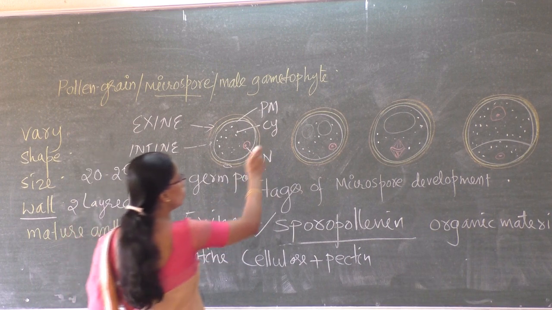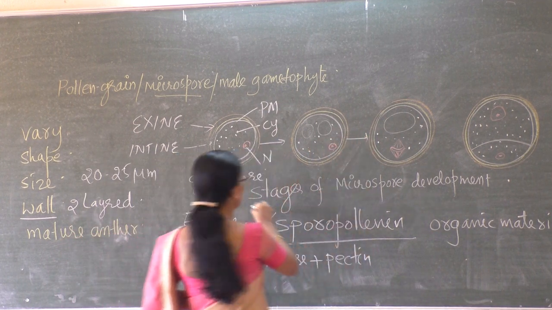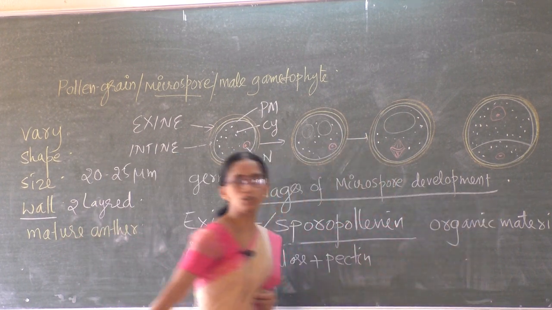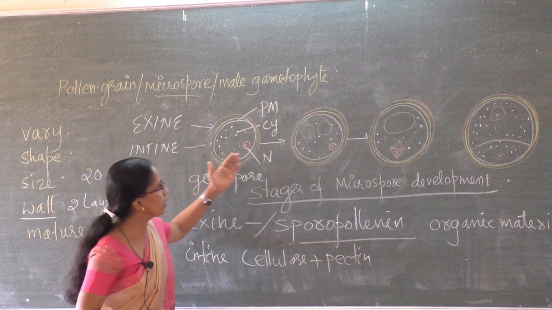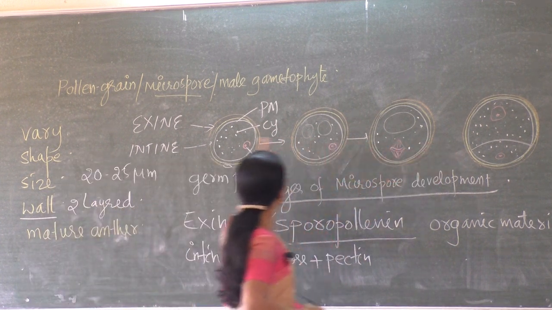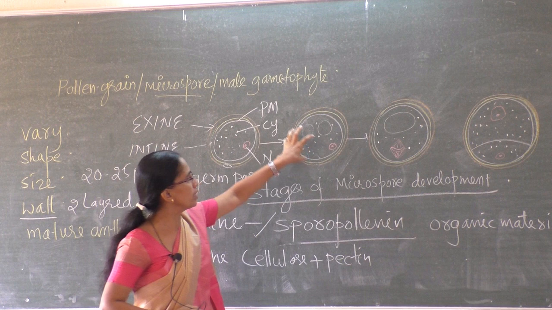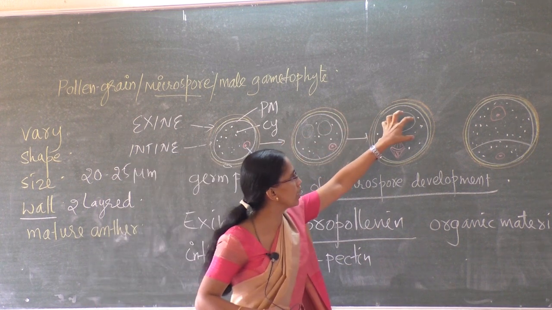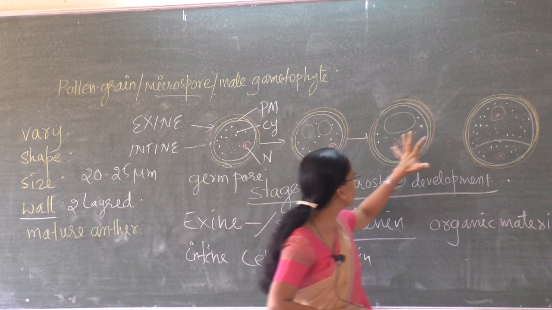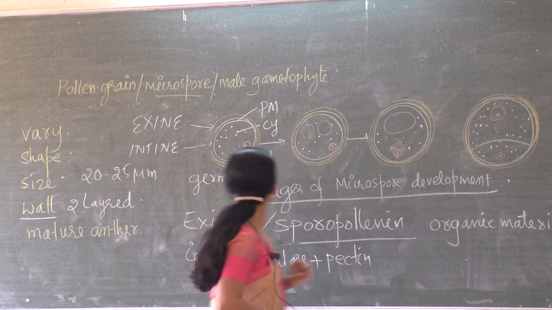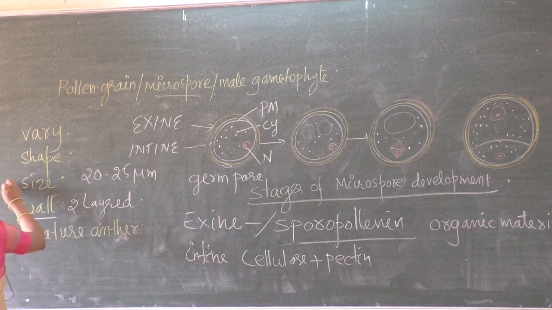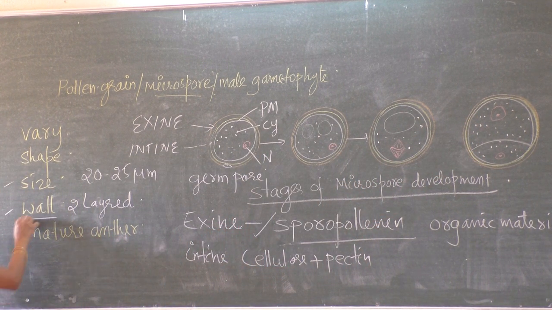These are the stages in the development of the pollen grain. Initially two vacuoles appear, the two vacuoles merge and become a big vacuole, and the nucleus divides. So what is the wall? The wall is two layered, outer exine and inner intine.